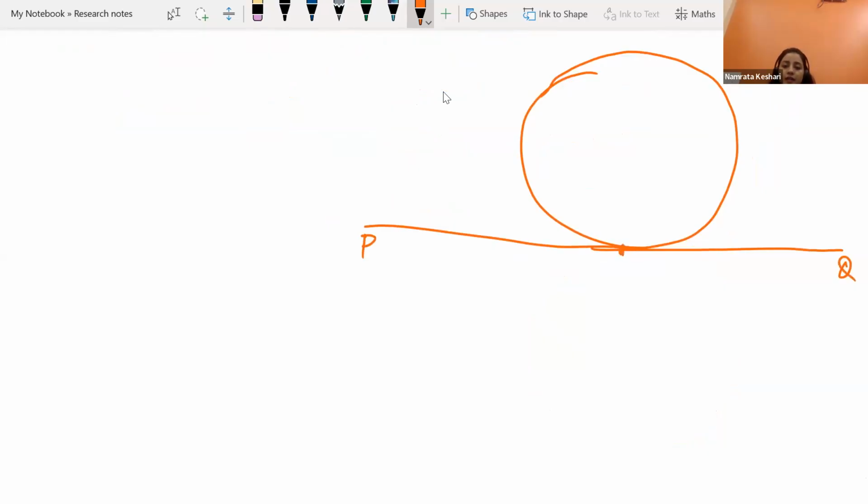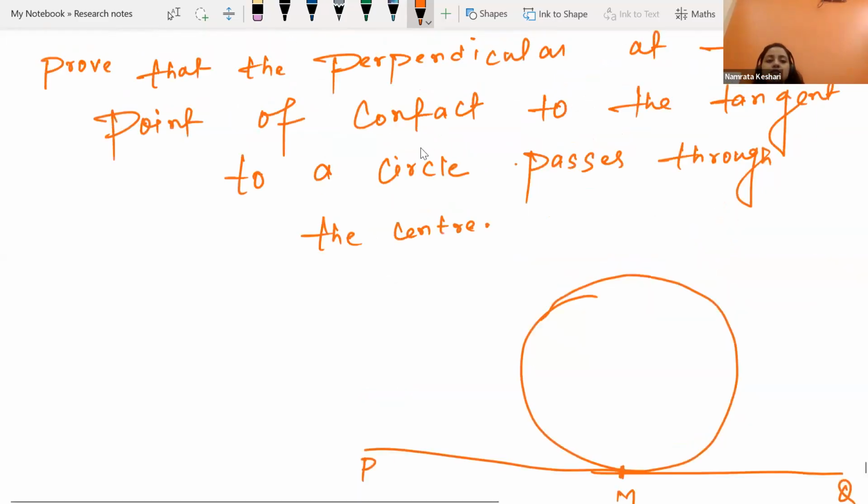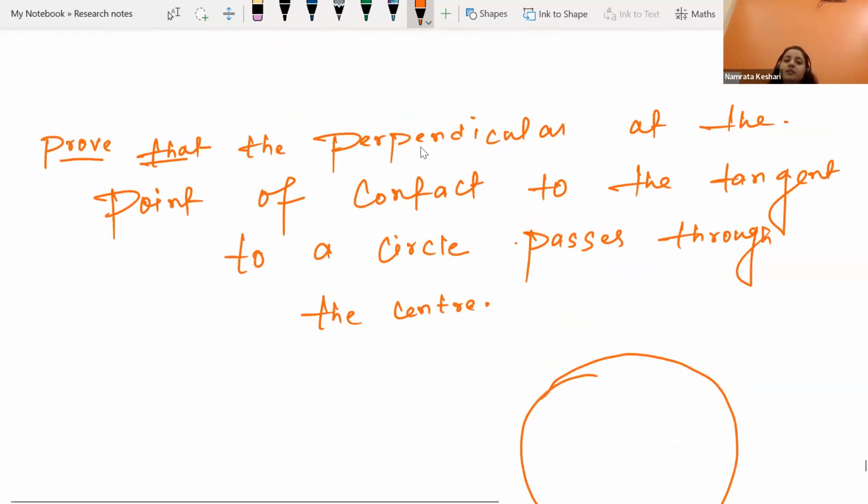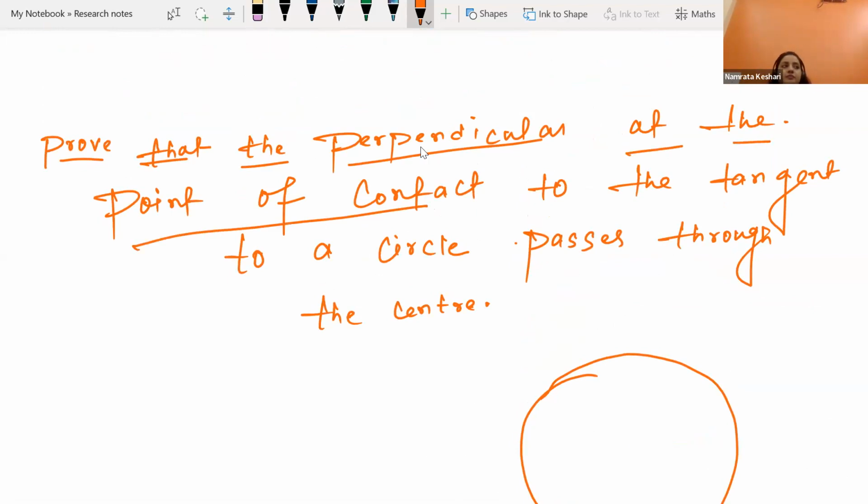Suppose the point of contact is the point M. Now let's read: prove that the perpendicular at the point of contact, if we draw the perpendicular at the point of contact to the tangent. Of course, the point of contact terminology came from the tangent only. To a circle passes through the center.